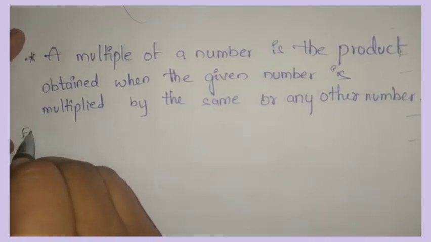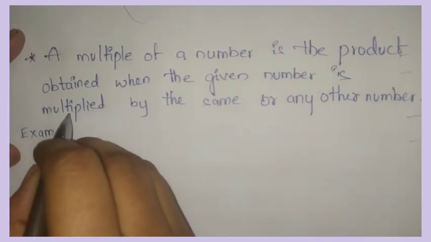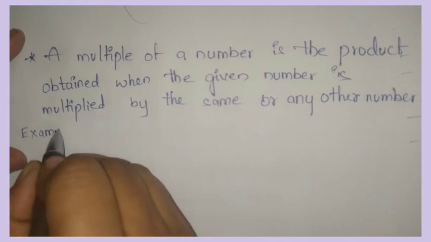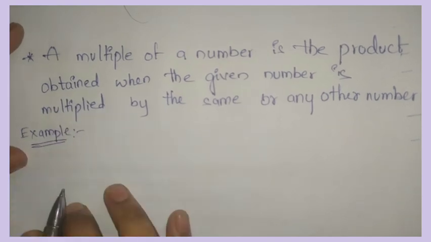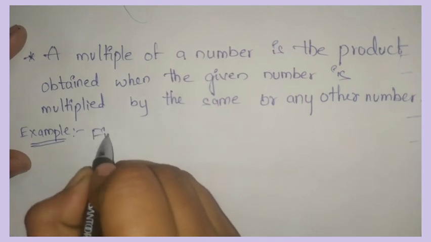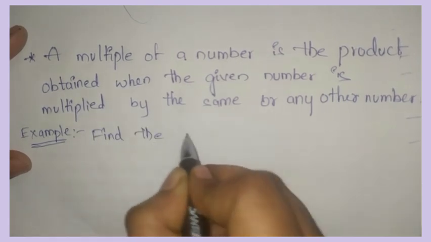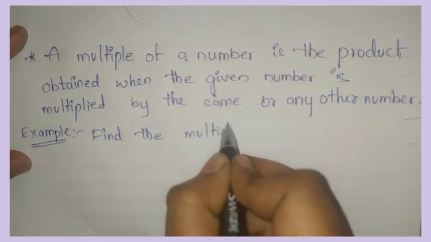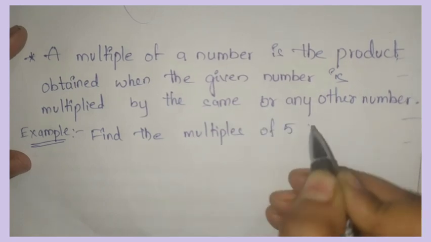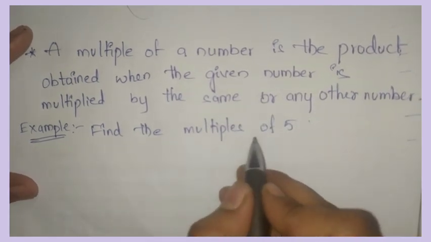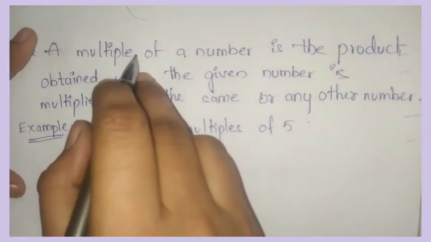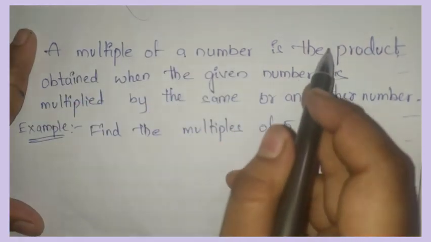And now look at an example. Let us see how to find multiples of a given number. For example, find the multiples of 5. How will we find them? Yes, it is in the definition only. A multiple of a number is the product.